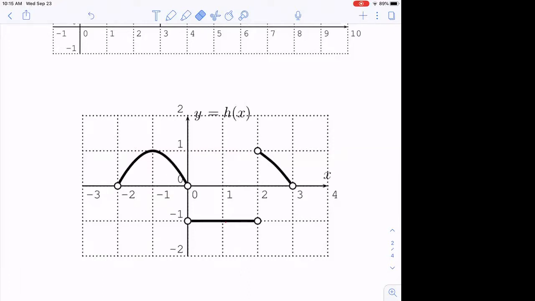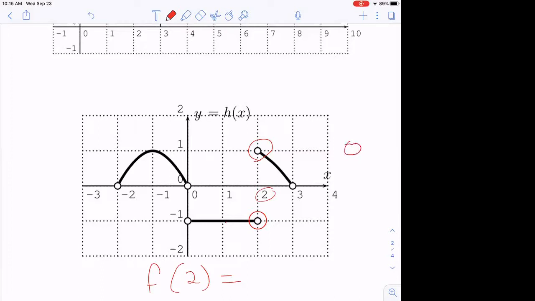Now, more trickiness. What if you try to plug in f of 2? Okay, so here's 2. Well, I could have got -1, but I didn't. I could have got 1, but I didn't. It made a nice circle. I forgot that if I hold it, it makes a nice, pretty circle.